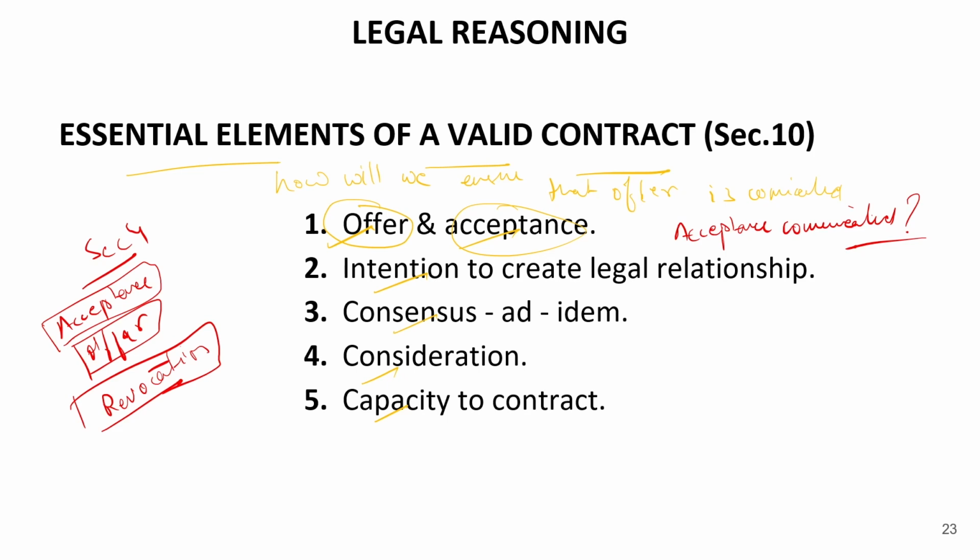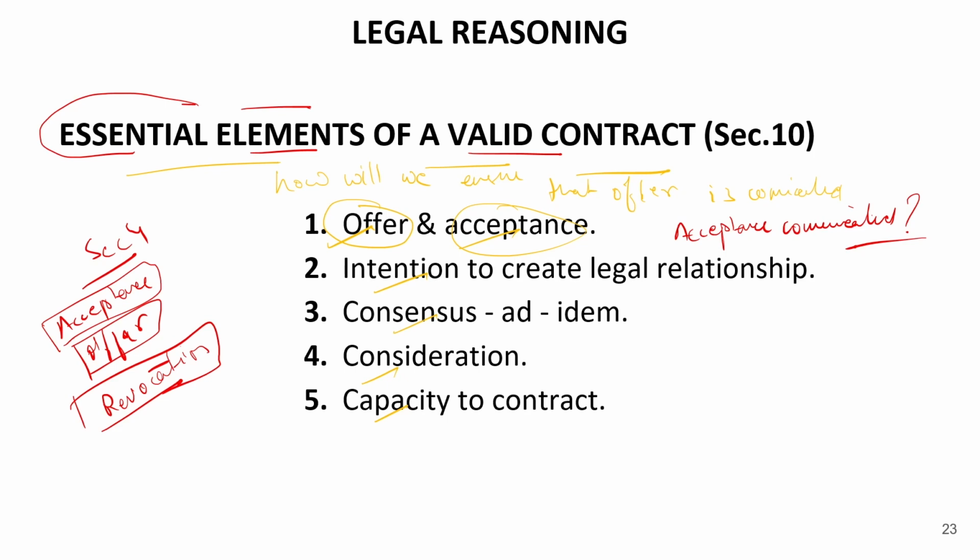Now from the next lecture onwards, we will focus on the essential elements of a valid contract. Once you are acquainted with these, we will focus on the important requisites for a person to enter into a contract.